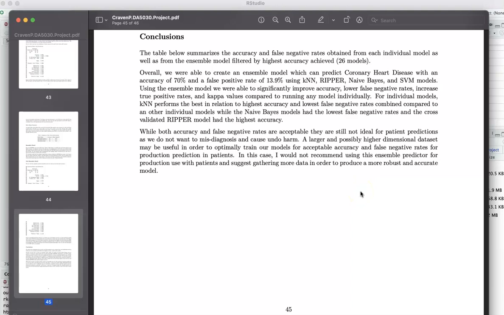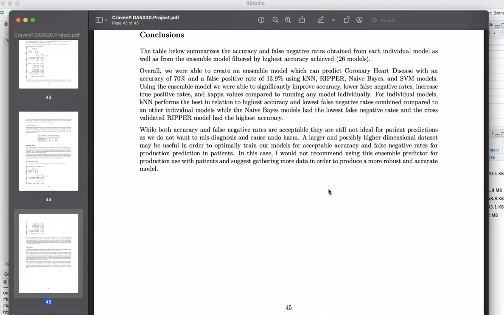So overall, 5 models were tested: Ripper, KNN, naive Bayes, SVM, and logistic regression. 26 models were made total when you're looking at all the different tunings and hyperparameters I was testing. In the end, the Ensemble did create the best combination of highest accuracy and lowest false positive rate, and also improved both kappa and recall and lowered the error rate.